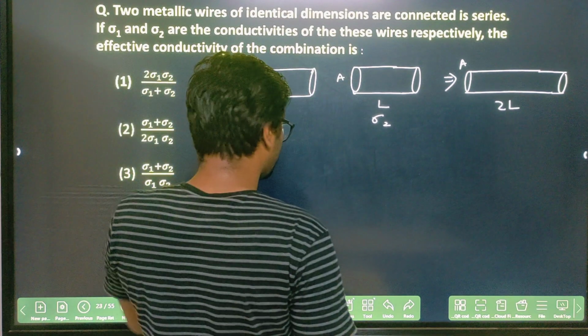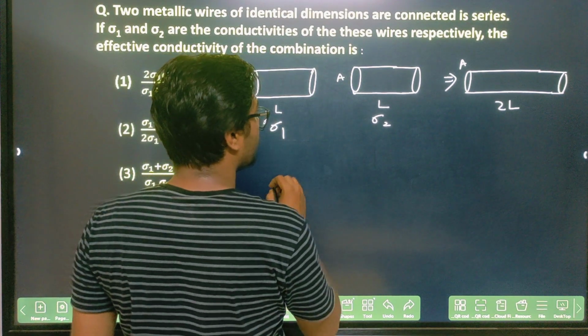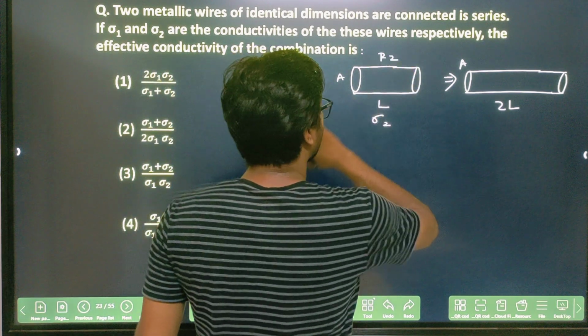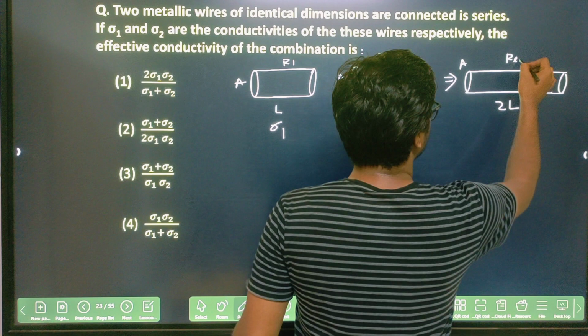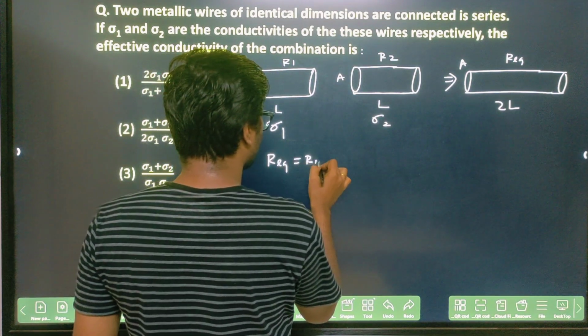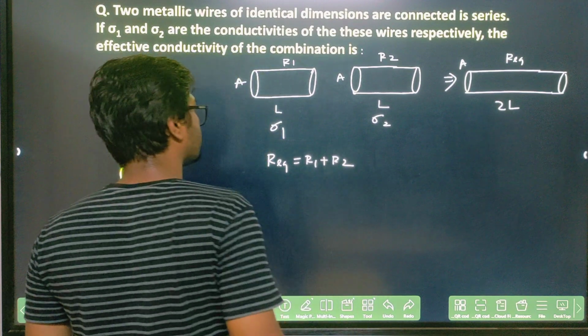Clear? So what we can do now, for series connection, I know that if I take this as R1 resistance, this is R2 and this is your R equivalent, let's say. So I am writing here R equivalent equal to R1 plus R2, right?